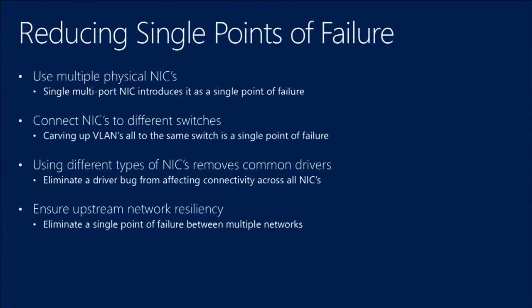In terms of single points of failure, we have seen cases where all the redundancy is built into the physical network, but there is a problem with the NIC driver. And now, since both the NICs in the server are of the same manufacturer, that may potentially cause a problem.